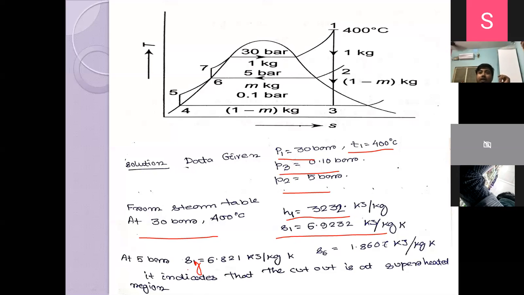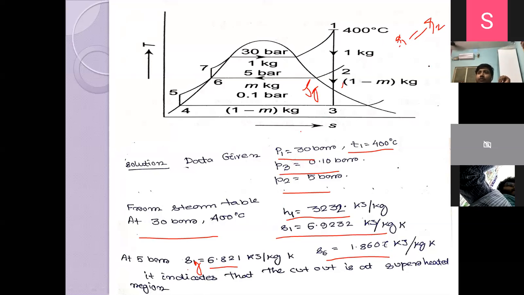Sg will be 6.821 and Sf is 1.8607. Why have I taken entropy? Because entropy plays a vital role in solving this kind of problem, because from 1 to 2 the process is isentropic. That means S1 will be S2 and it will be S3.